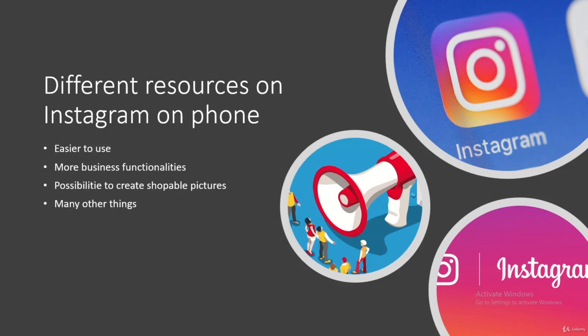You saw what those insights look like, and you will be able to use them for your account, to promote it, or use the insights and shoppable pictures to make it more efficient and sell your products directly on that Instagram account.